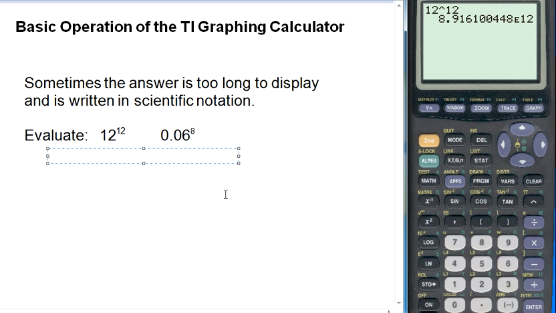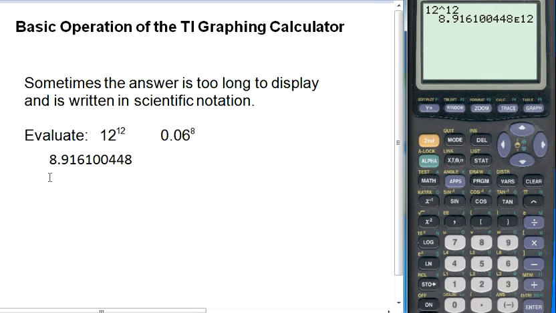And that would be 8.916100448, and it's followed by e to the 12th. You'll be studying scientific notation more at a later time, but just for the sake of being able to do this, let's make it a little bit bigger so it's easy to see. And I want to double check that I copied it right.